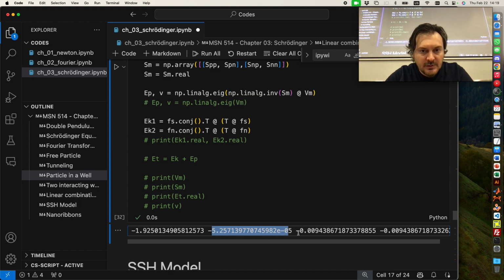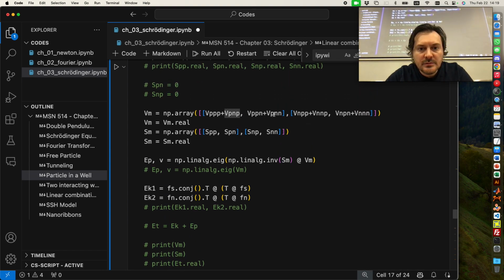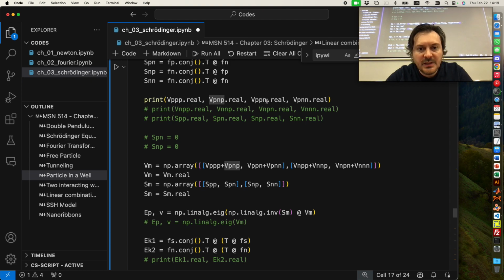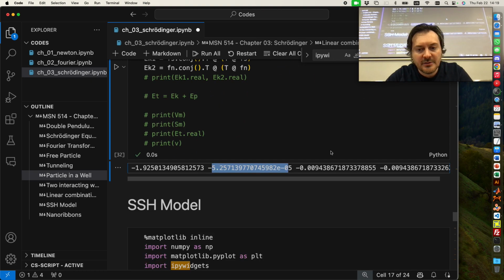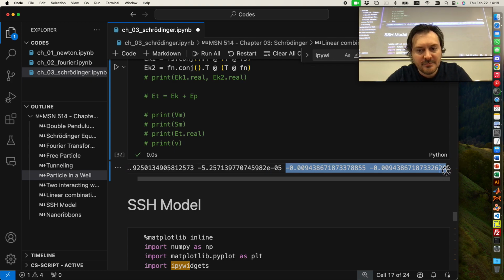Almost zero. And finally, what I have here, PPN and PNN are non-negligible. They are there, right? And they are going to form something that we will call hopping integral. We are actually going to do something with it. Just trust me, please. But it's not going to get any easier. So let's have a break.